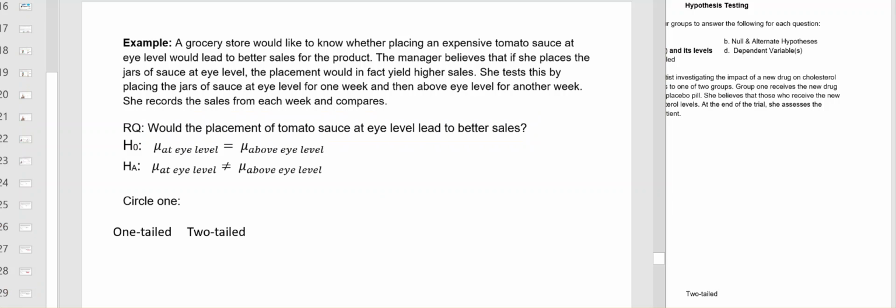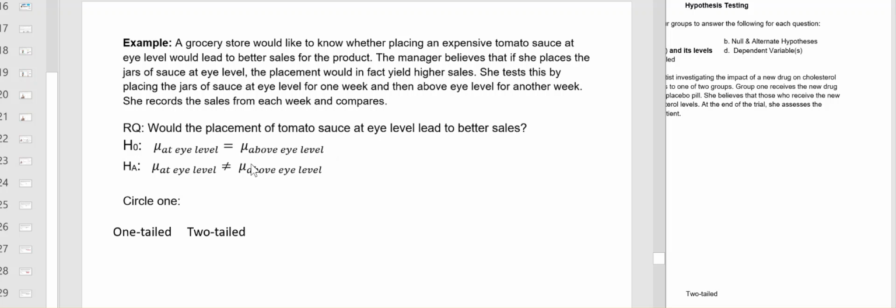Okay, so now we have the null hypothesis and the alternative hypothesis. And as we see here, the null is the sample mean at eye level condition is equal to the sample mean at above eye level condition. So we have these two conditions here, and we're testing to see if there's a difference in sales, right?